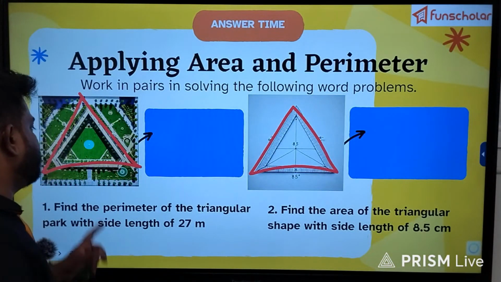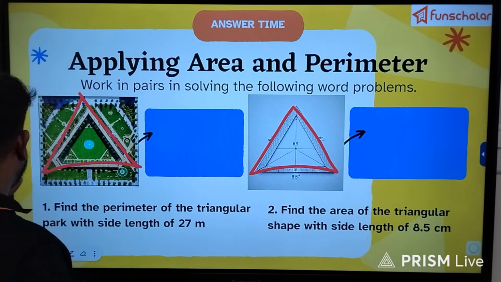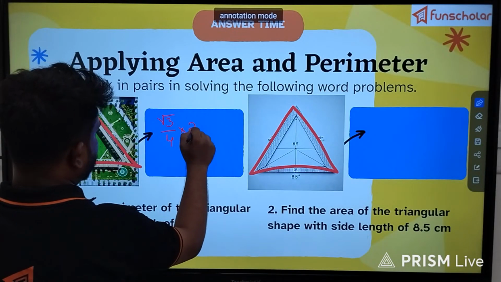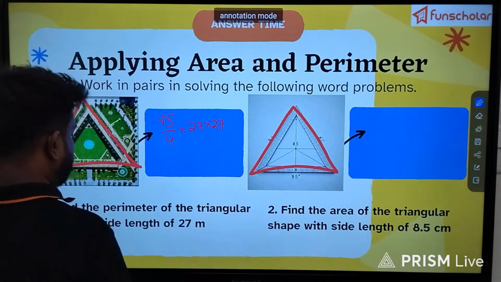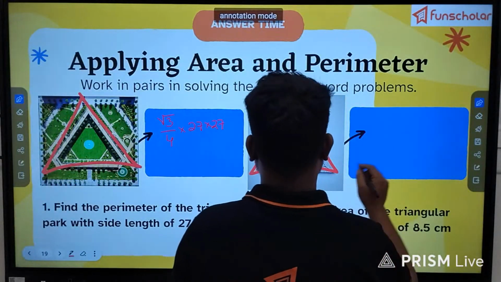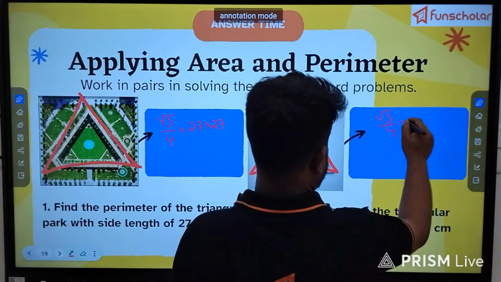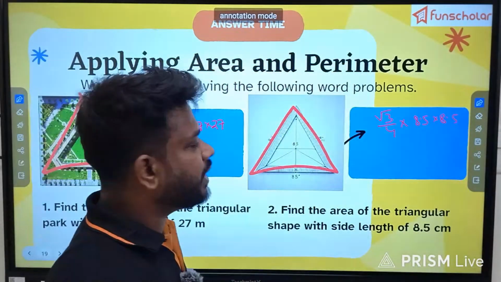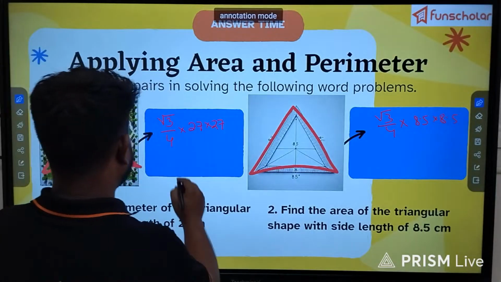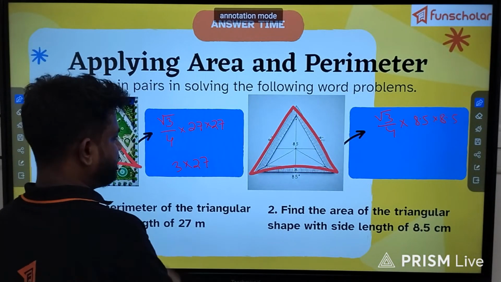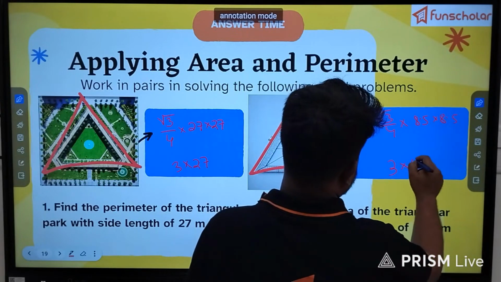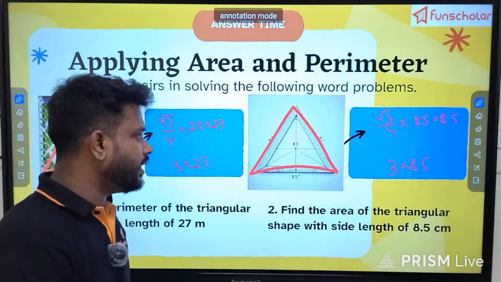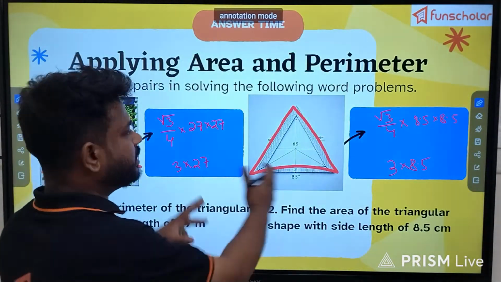So for the 27 meter, the area will be root 3 by 4 into 27 into 27, and it will be root 3 by 4 into 8.5 into 8.5. The square of the side we can write like this, and the perimeter will be 3 into 27 in this case, and 3 into 8.5 in the other case. Okay, so it should be done like this, and after calculating this we will be able to find the area and perimeter of these two figures.